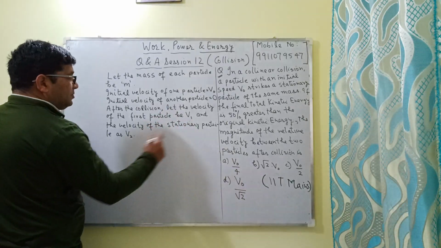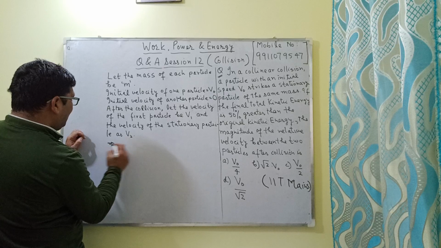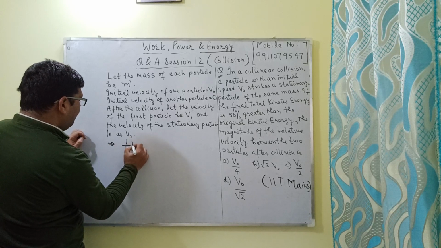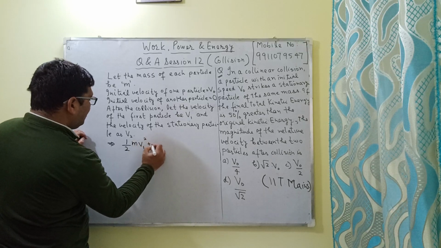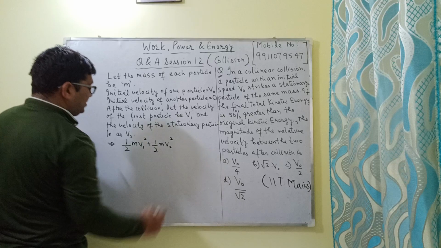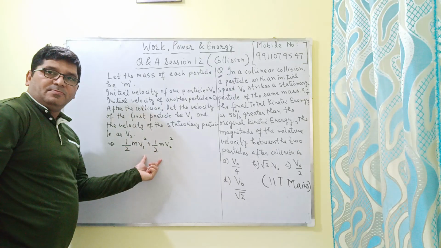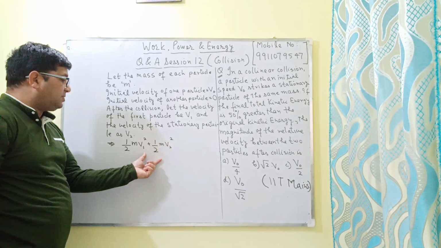Now from this statement I can write, first thing is that it implies half m v1 square plus half m v2 square. This is the final, meaning the total kinetic energy after the collision.